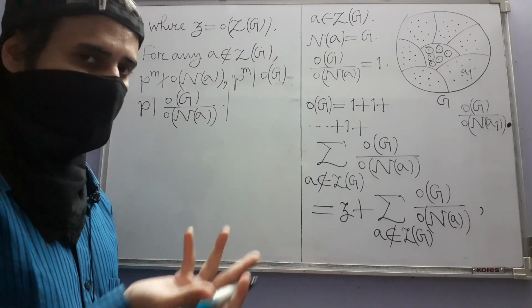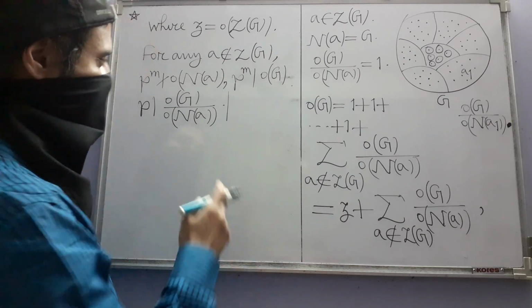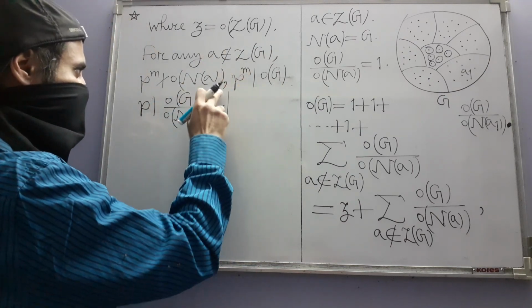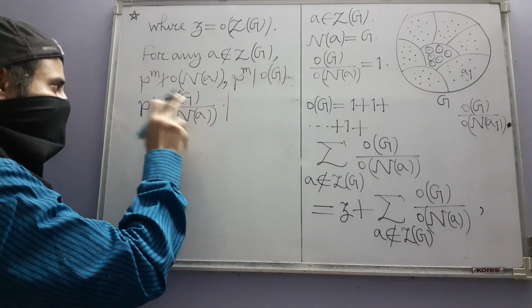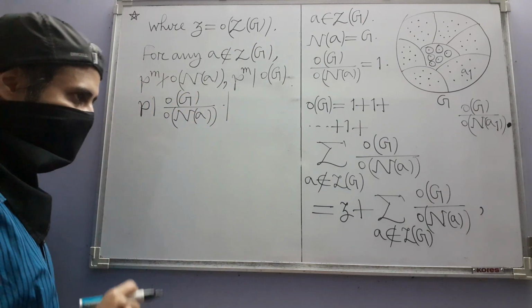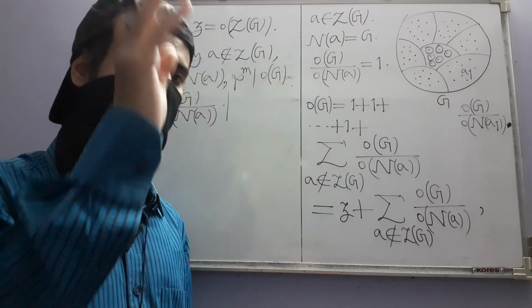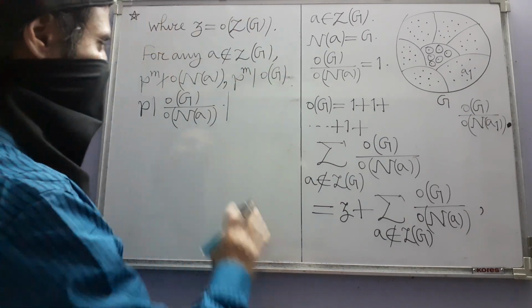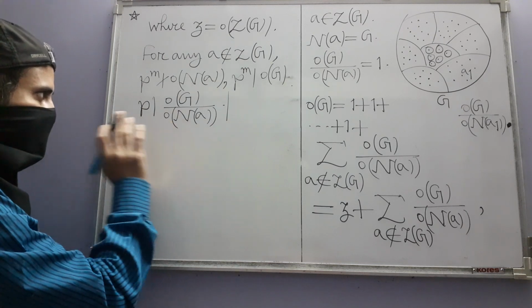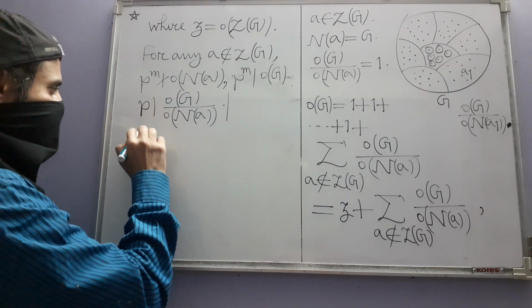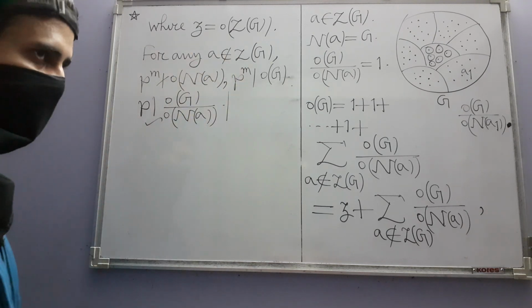Even after some cancellation, some p still stays in this quotient, and that is why it's divisible by p. This explanation of course is non-rigorous. It's just a hand wavy kind of thing. But it does happen, and I want you to actually prove this from these two relations.